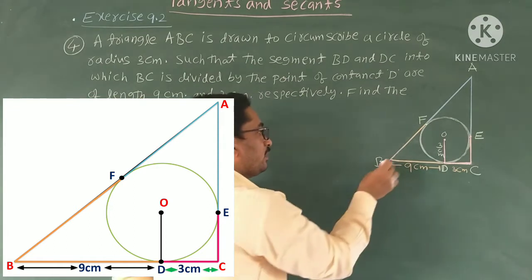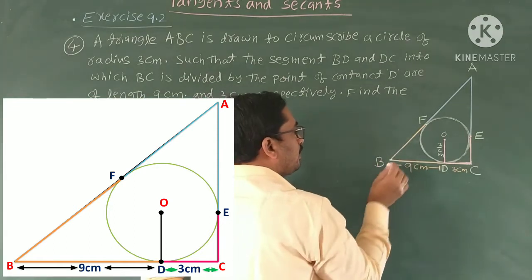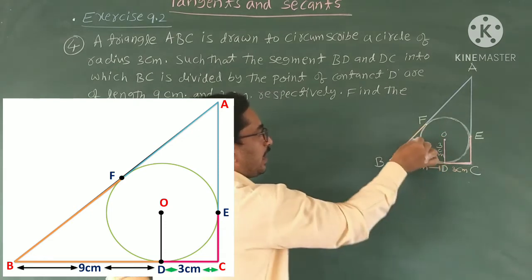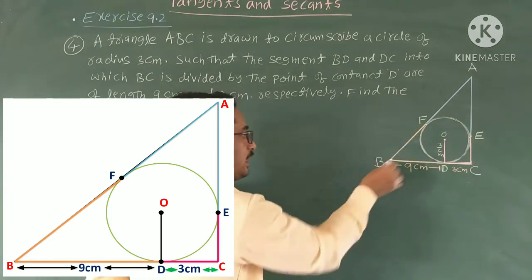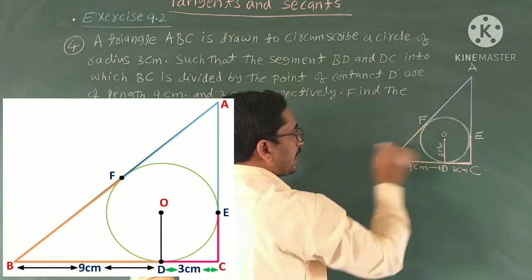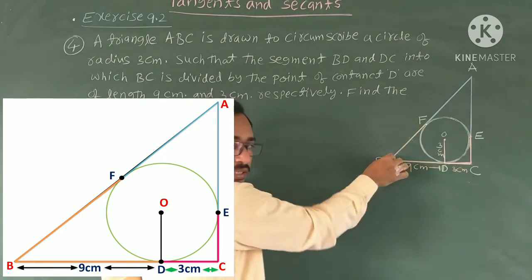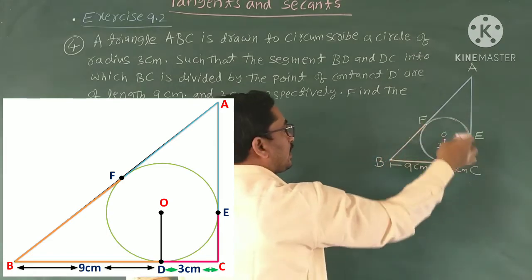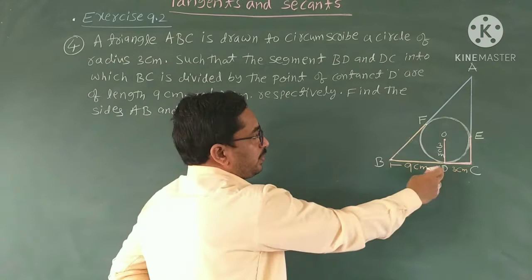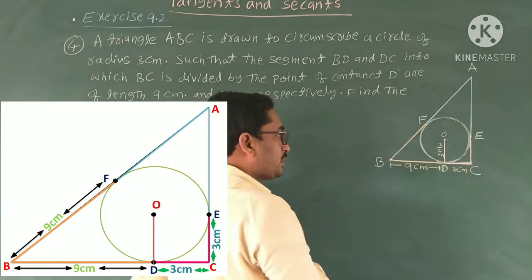If you consider the point B, from this external point we can draw two equal tangents. Observe the orange color lines, BD and BF. These two are the equal tangents drawn from the external point B to the circle, and the length of BD is given as 9 centimeters.